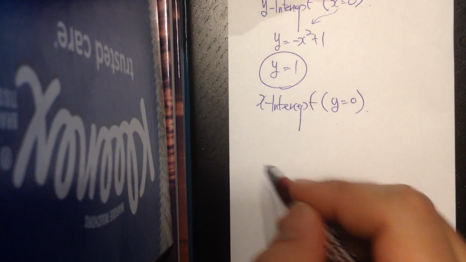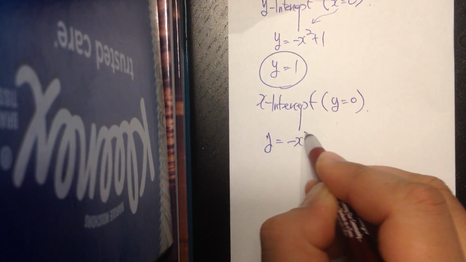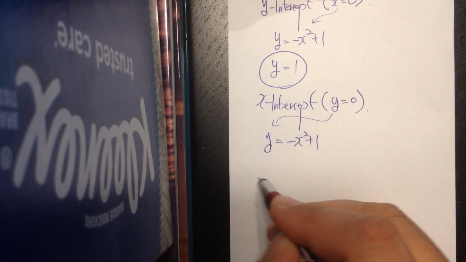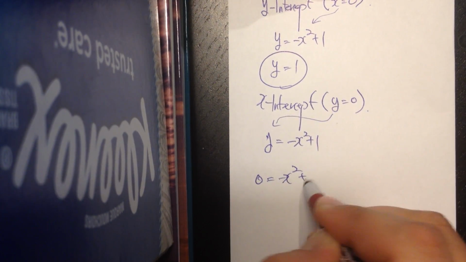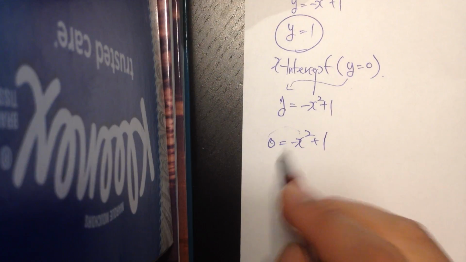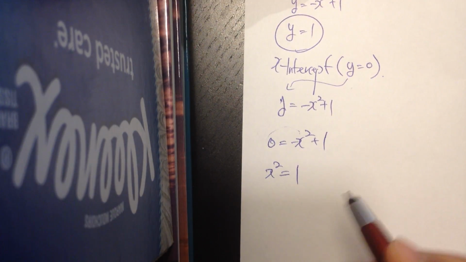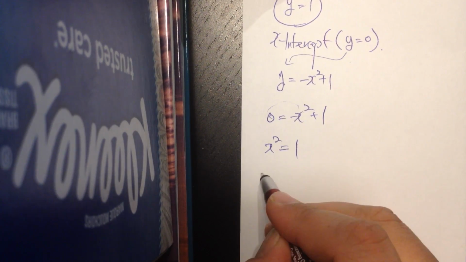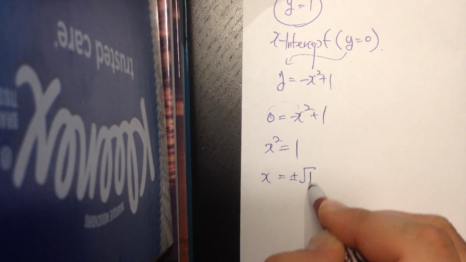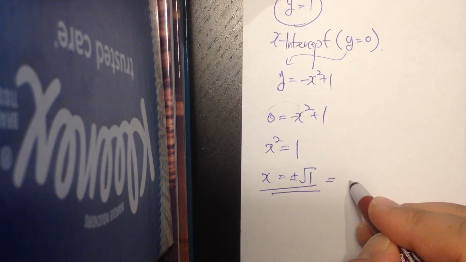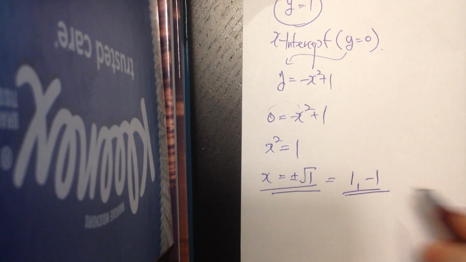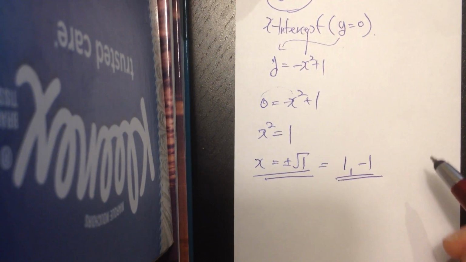So then, you do this, it's going to be plus or minus 1, which is 1 and negative 1. So we have 2 x-intercepts.